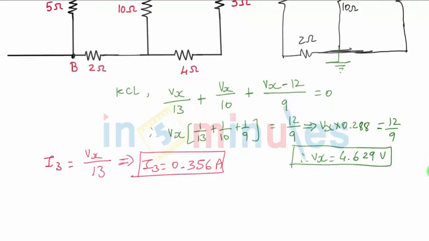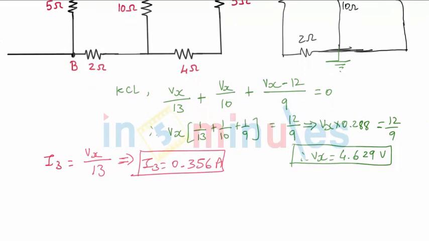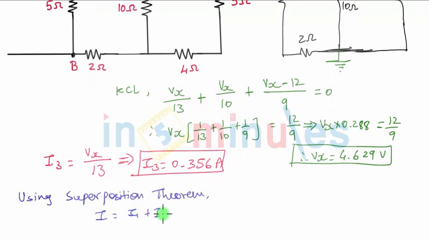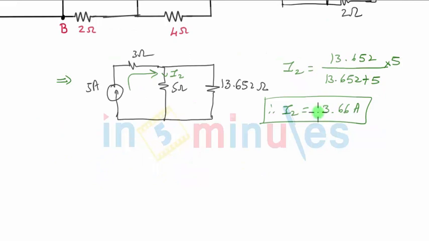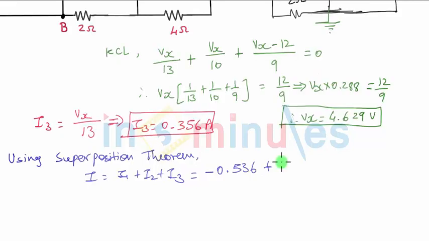And now I've got all the 3 currents, so I can say that using superposition theorem, the total current I will be equal to I1 plus I2 plus I3. So let us quickly recall, my I1 was equal to negative current equal to minus 0.536, plus I2 was equal to 3.66, so let's add that, plus I3 that we just now got as 0.356.